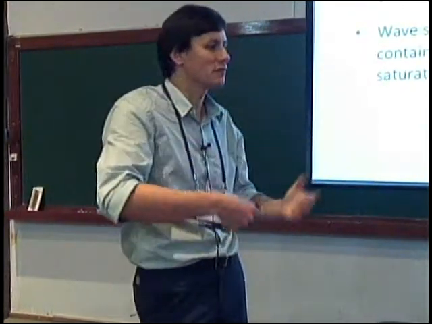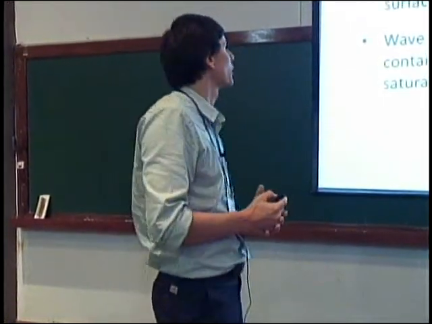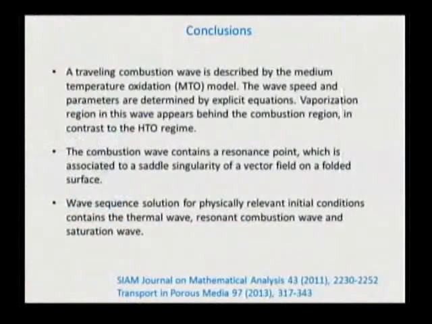And this singularity gives an extra condition, which is a resonance condition. And altogether this has to be taken into account in order to determine, for example, the wave speed and all other parameters. And then we found that there is a uniqueness of the solution in the form of traveling waves. And really, this solution includes the combustion wave exactly of this type with a singularity in the middle.